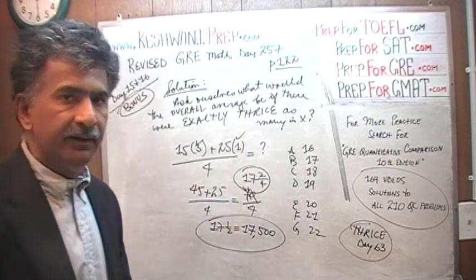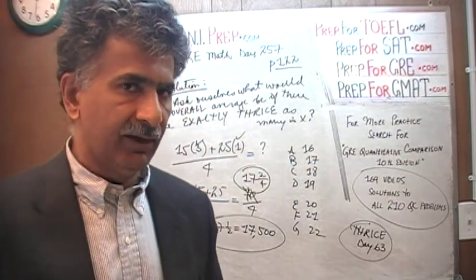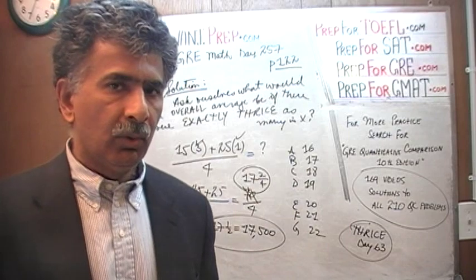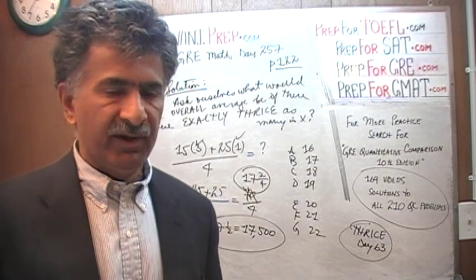So what we find is that if there were exactly thrice as many people, the overall average would be 17,500.